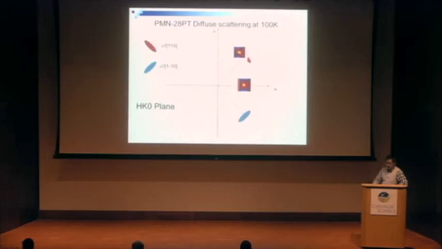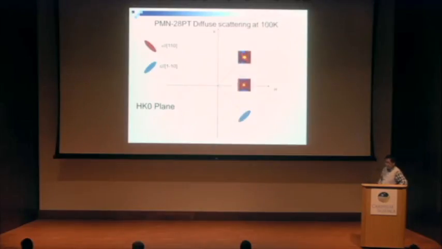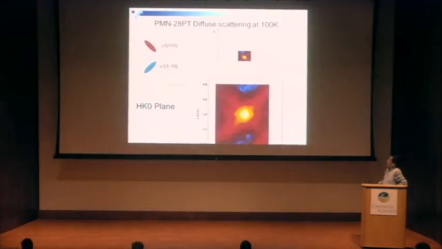And near the 110 Bragg peak, it is mainly from the red wing, but there is still some intensity from the blue wing, but much weaker. And near the 1-10 Bragg peak, it's similar, but the opposite way.